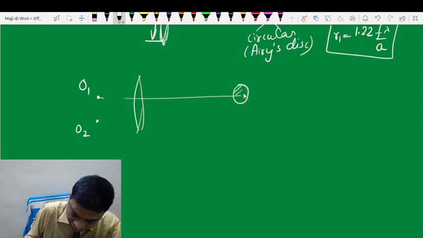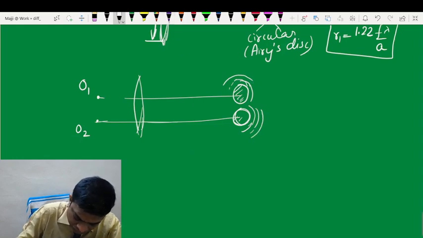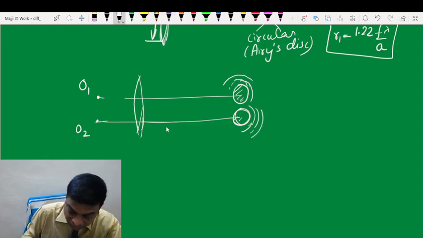This is the Airy disk for this, and this is the Airy disk for the other. Alternate dark and bright rings will be there. So Rayleigh's criterion says that the instrument will be able to resolve these two.